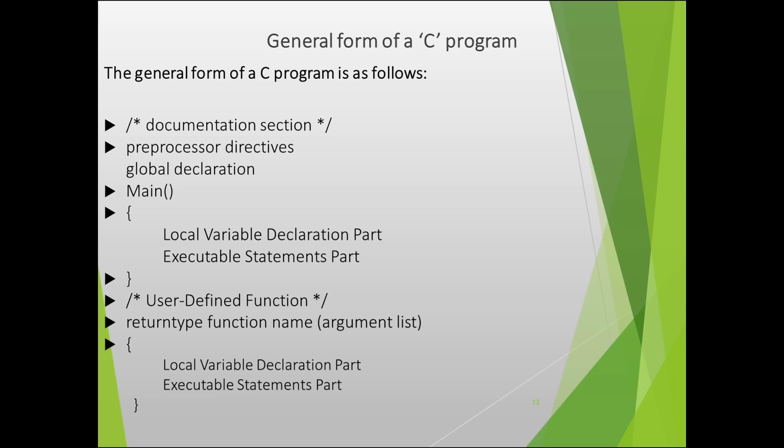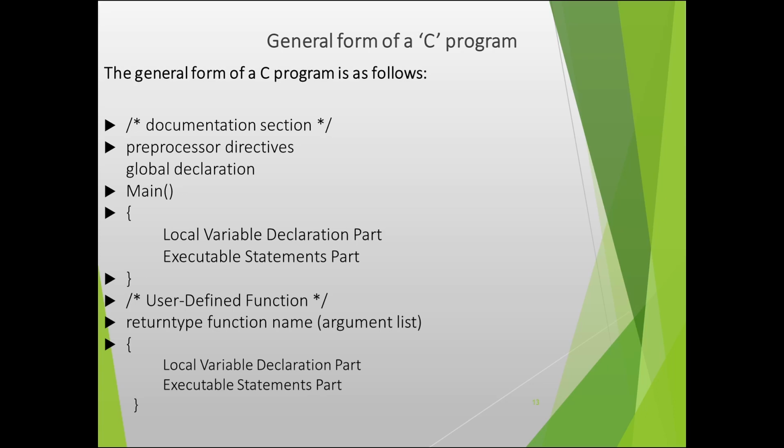And the user defined function includes a return type, which may be any primitive or primary data type such as integer, float, character and double, and the function name followed by a list of arguments enclosed within parentheses.